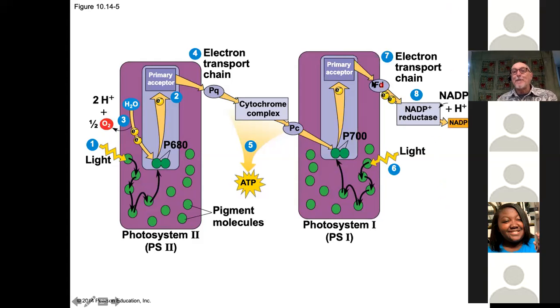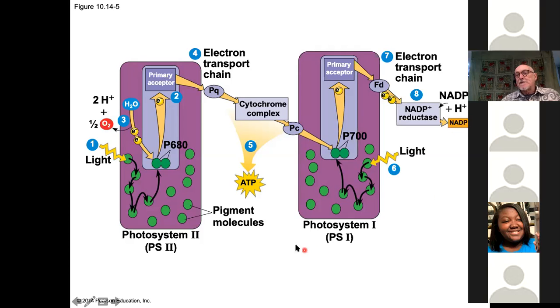Instead of producing ATP, the second chain produces the substance NADPH. NADPH, well, that looks just like NADH, right? It's exactly the same. It's reducing power.